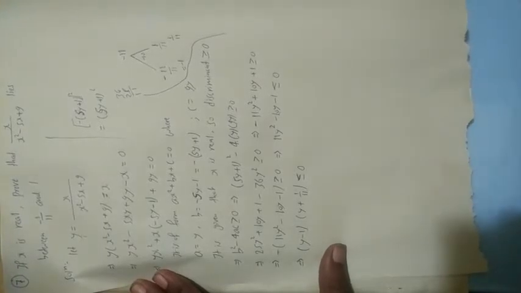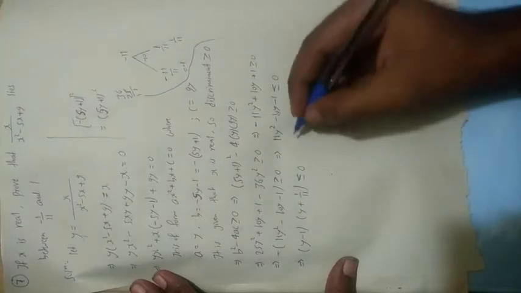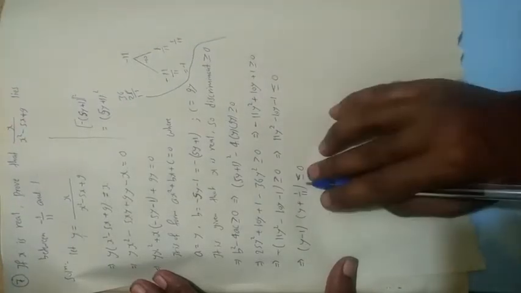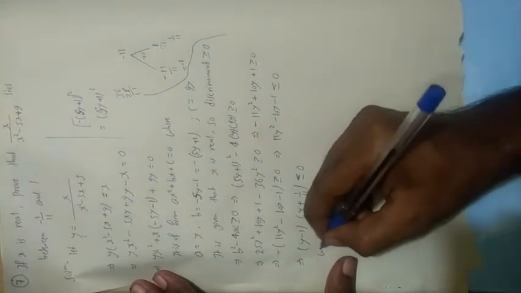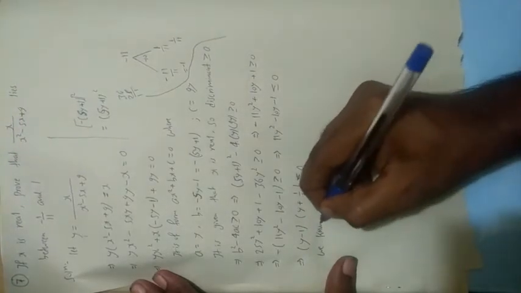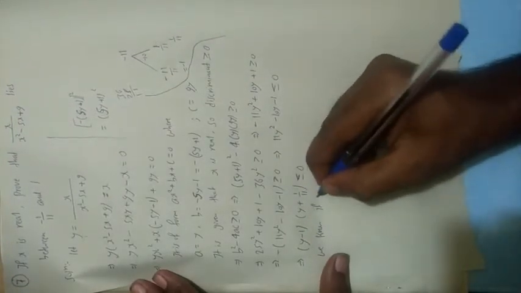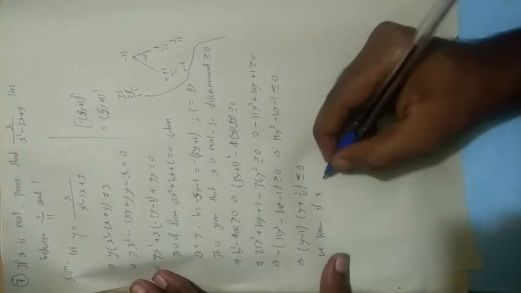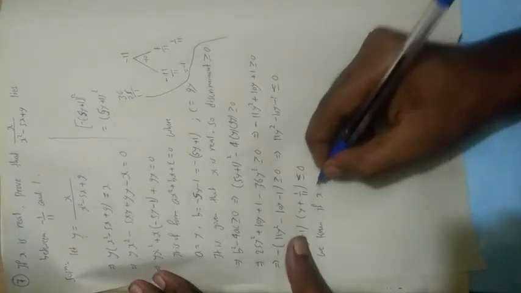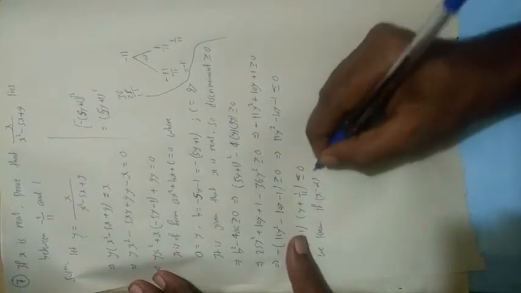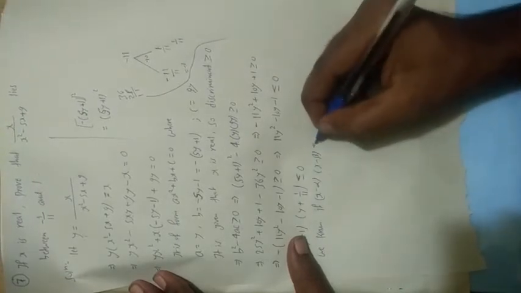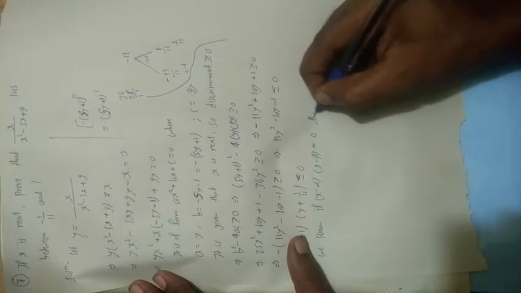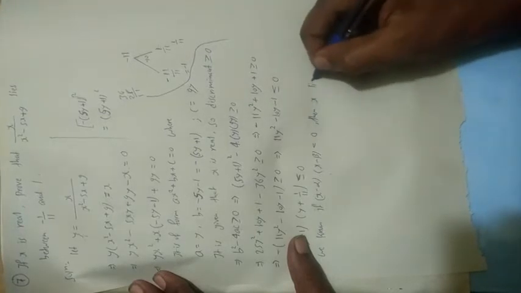Now we can now here, this is okay. So now you can draw now here. We know if x minus alpha into x minus beta is less than 0, okay, then x lies.